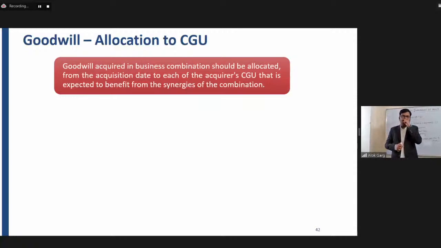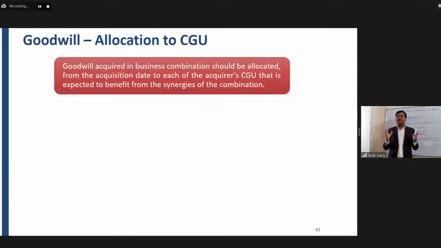So the standard says that goodwill acquired in a business combination should be allocated from the acquisition date to each of the acquirer's cash generating units that is expected to benefit from the synergy of the combination. When I am acquiring a pharmaceutical business, of course I am getting the benefit in my 3 cash generating units by using the formula of the pharmaceutical company which I am acquiring.